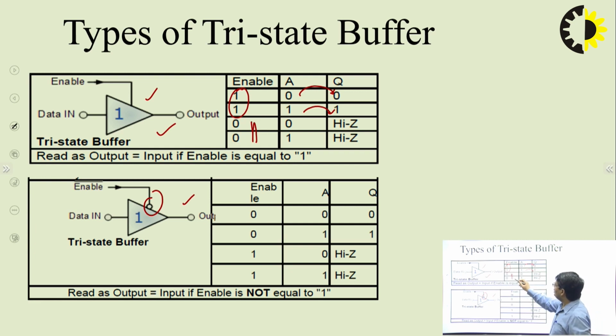So when the tri-state is disabled, whatever be the input, output will be the third state, that is high impedance state or open circuit. And reverse will be the case in the tri-state buffer with negative enable. So here a bubble is there to denote the negative logic. So input will become output only when logic 0 is applied at the enable.